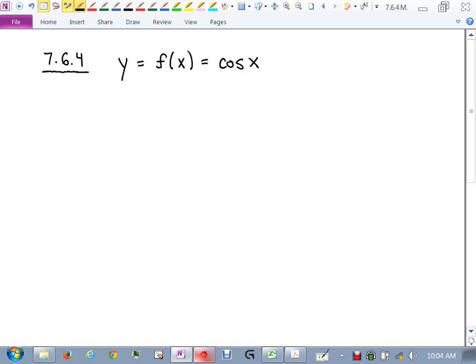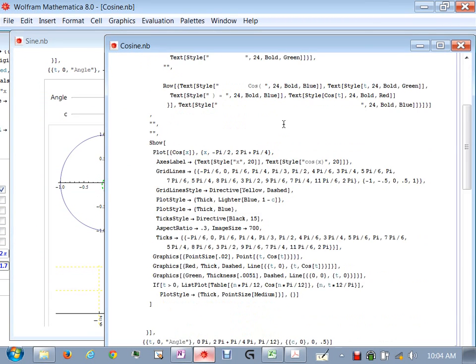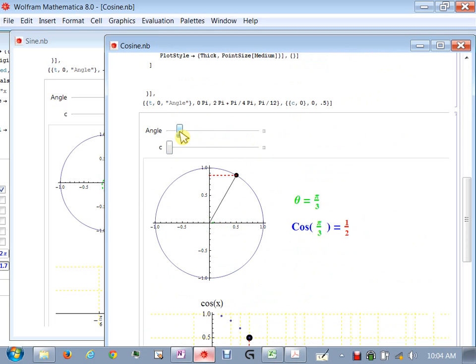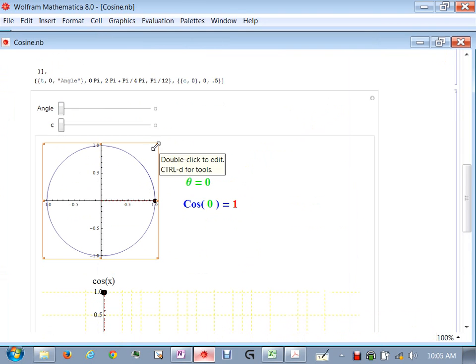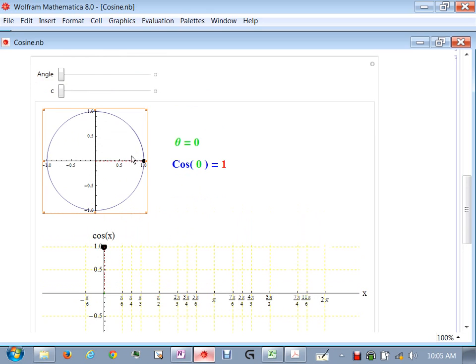So when we start to draw this, let me bring up my cosine one. The input is still the angle, but the output now is the x-coordinate. You can see here at 0, we're at this point, the x-coordinate there is 1.